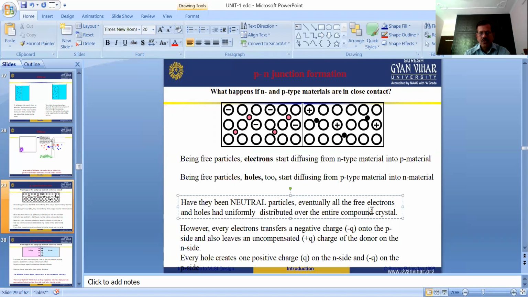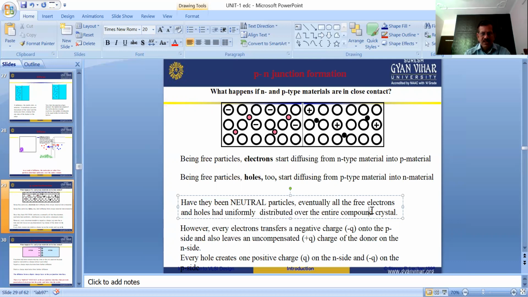After they are joined, there is a formation of a junction. The junction is the joint part of both semiconductors. Being free particles, electrons start diffusing from N-type material into P-type material.